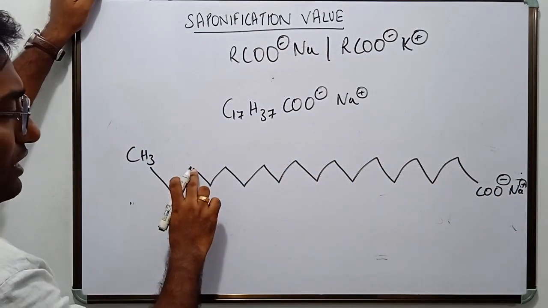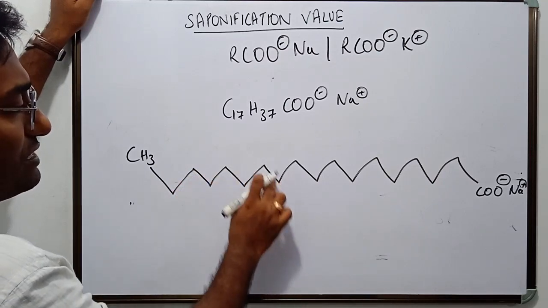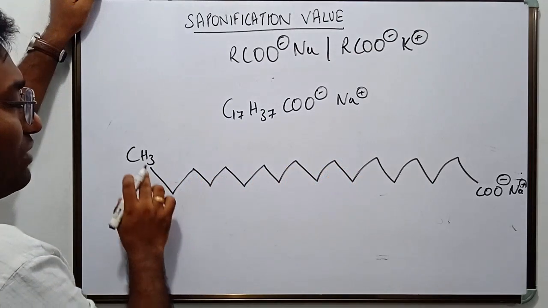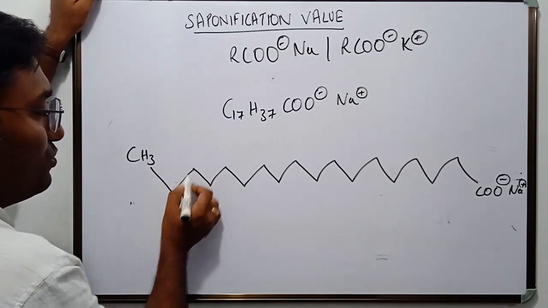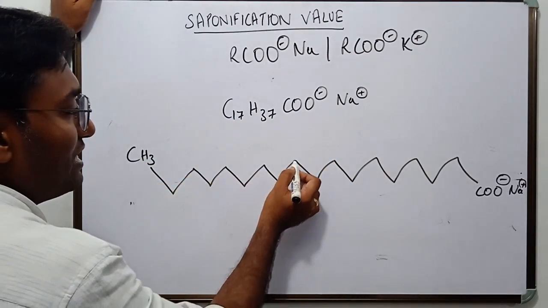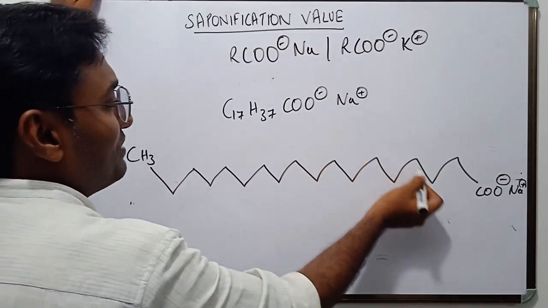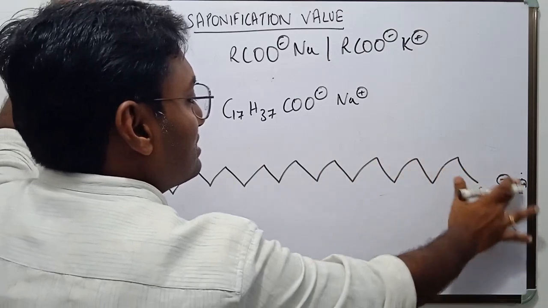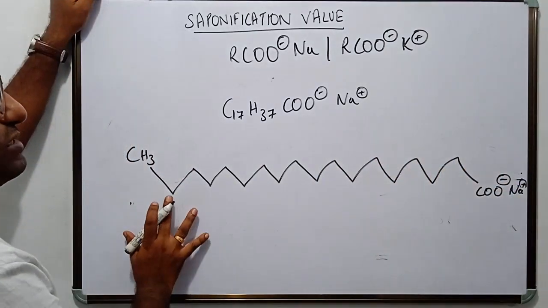Each of these points is a CH2. If you are counting, there are 17 carbon atoms: 1, 2, 3, up to 17. This is the structure of sodium stearate.